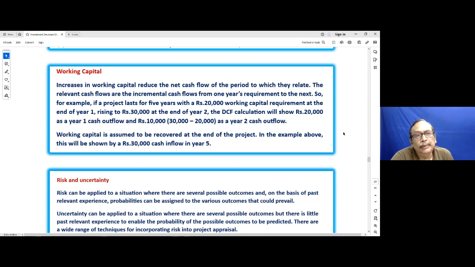Now we are coming to the concept of working capital, because at the time of the beginning of the project, you will be investing in working capital, and definitely the working capital will be recovered at the end of the life of the project.